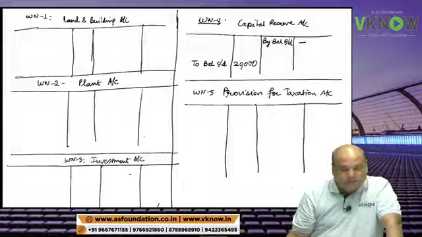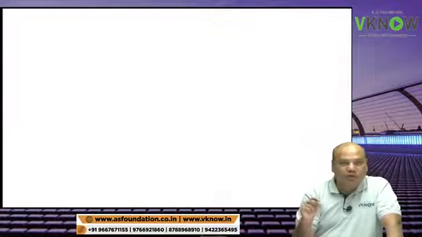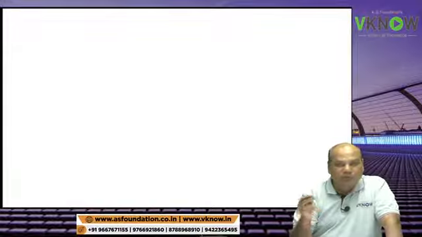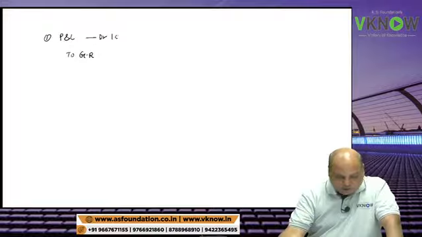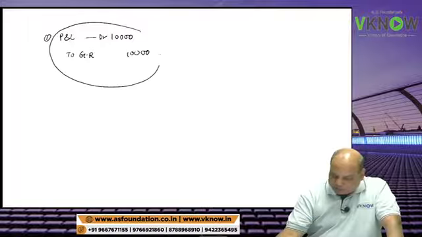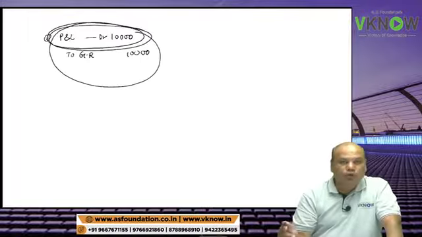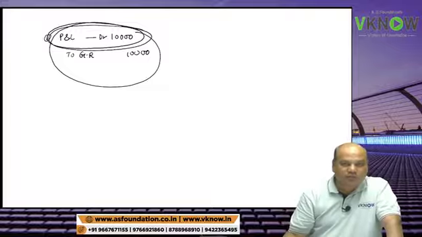General reserve was 40,000 at the beginning, and it has become 50,000. So what entry they have passed? They have passed this entry, P&L account debit to general reserve 10,000. P&L account balance got reduced for a non-cash transaction.